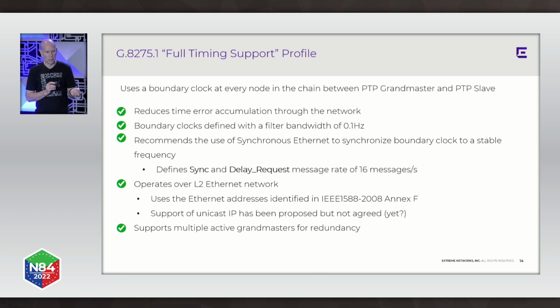And the intent with this one is that you reduce the time error accumulation through the network. We heard about it: it recommends the use of synchronous Ethernet for synchronizing the boundary clock to a stable frequency, and it operates over layer 2 Ethernet networks and supports multiple active grandmasters for redundancy.